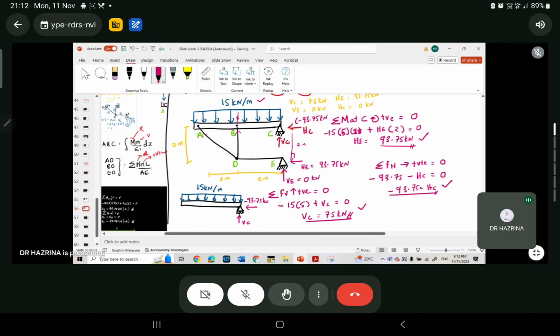Sebab kalau distribution of forces, kita tahu 15 kN per meter ni loading kat sini, so VC yang akan carry dia sebab BD AD dialah yang menjadi support yang nak support the reaction forces dekat A dengan B tadi. So VE ni memang akan dapat kosong.